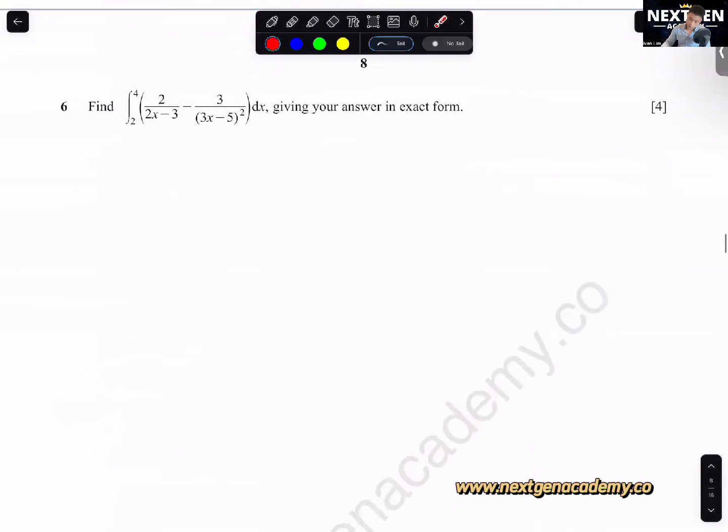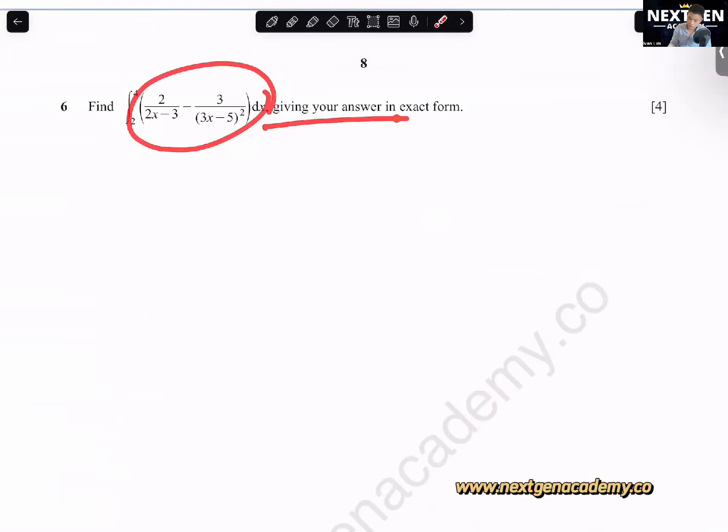Question 6. Integration. Integrate from 2 to 4 this whole equation, giving your answer in exact form. Okay, exact form means you have to leave it in terms of ln. Number 1, how do we rewrite this first? I will split it up.